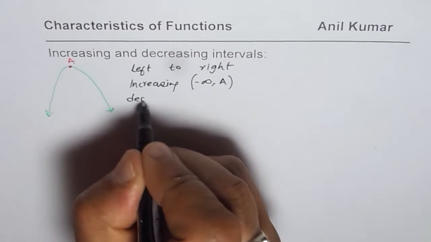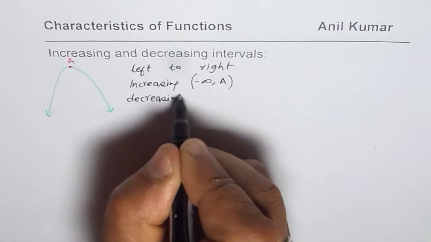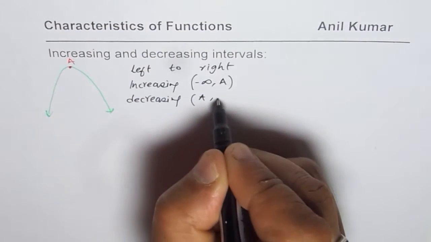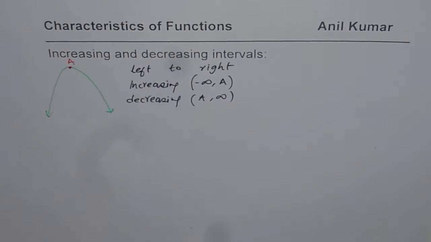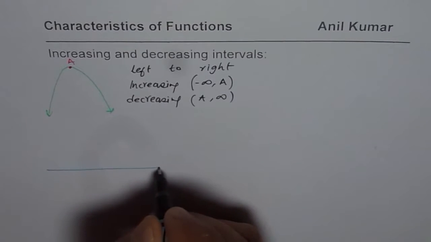And decreasing is from A to positive infinity. Do you get an idea? So if you are just given a graph like that, this is how you could write increasing and decreasing intervals, right?